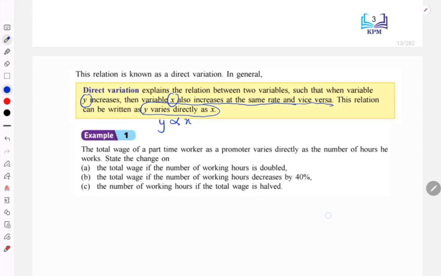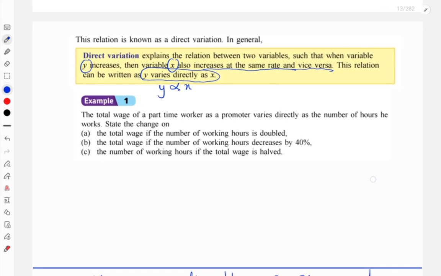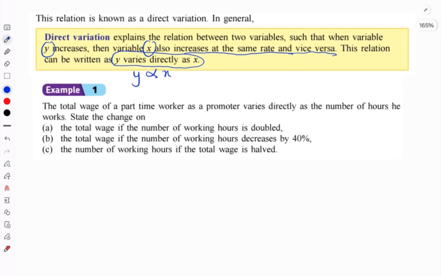Let's check example 1. The total wage of a part-time worker as a promoter varies directly as the number of hours he works. State the change in the total wage if the number of working hours is doubled.